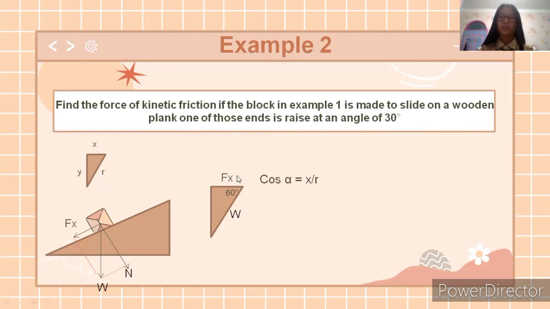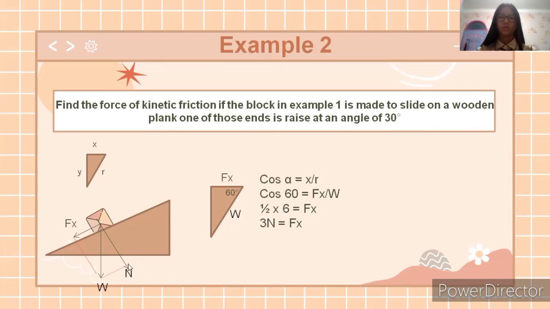X is Fx and r is weight. Alpha is 60 degrees. Cosine 60 is 1 over 2 and weight is 6. So if we move weight to the left side, it will become 1 over 2 times 6 is equal to Fx. So Fx is equal to 3 Newton.